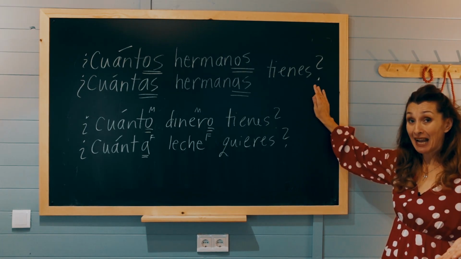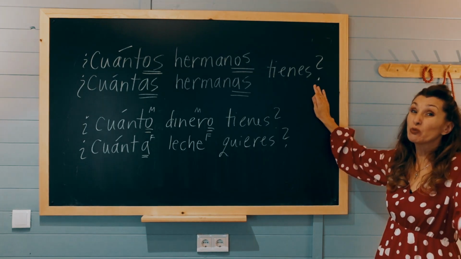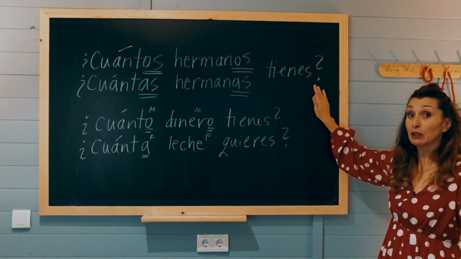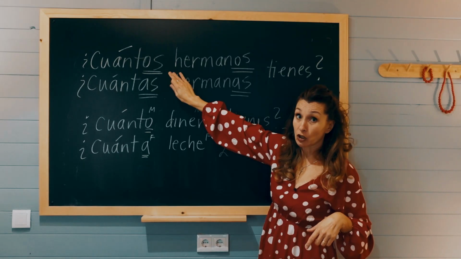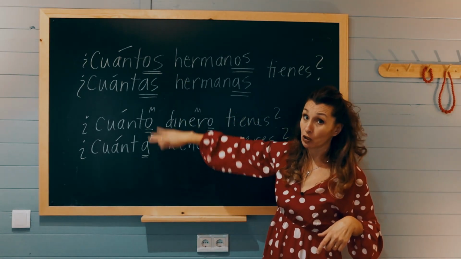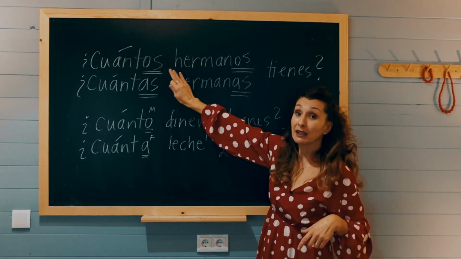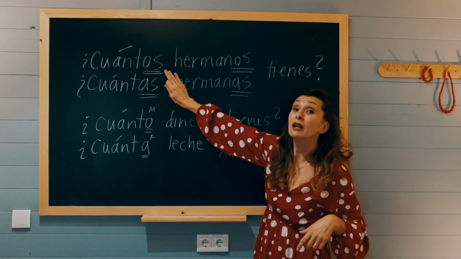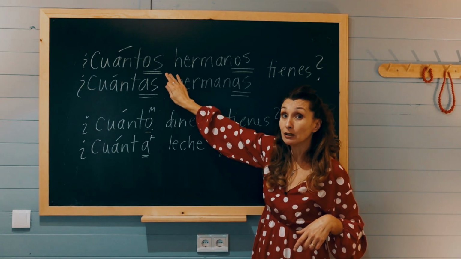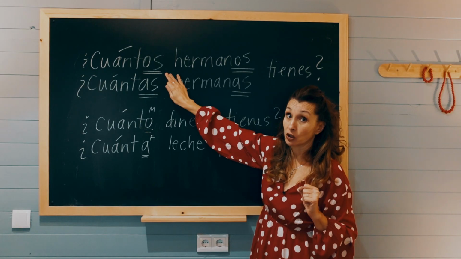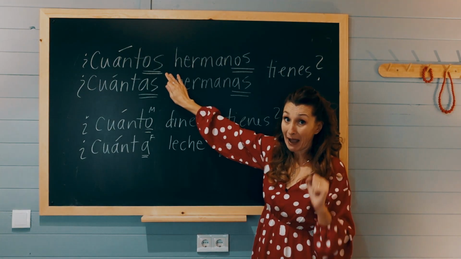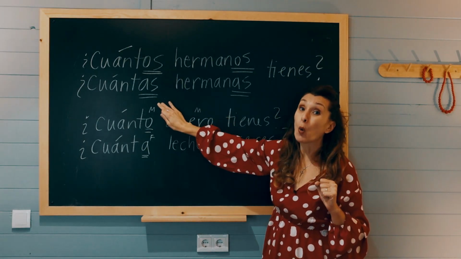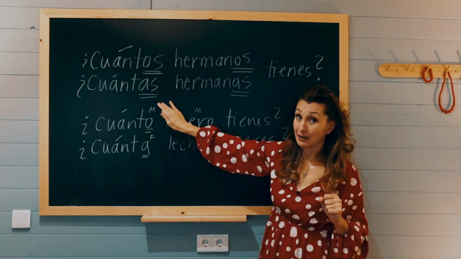And because we can count them and we kind of assume that there's more than one, that there's already a plural, how many will have the question word? It's really the same question word in both cases, but with countable nouns, we use it in plural and it needs to reflect the gender of the noun. So, cuántos for masculine nouns, cuántas for feminine nouns.